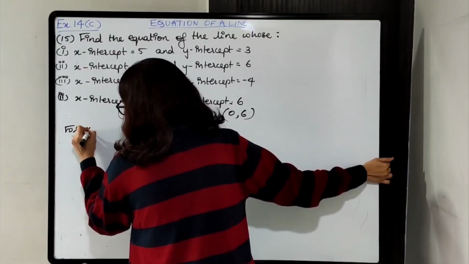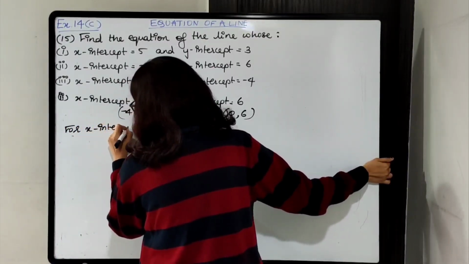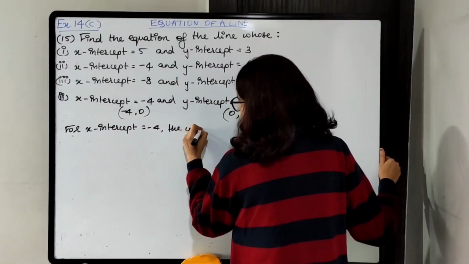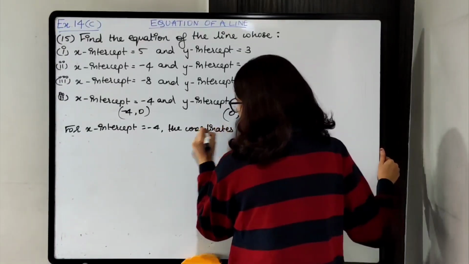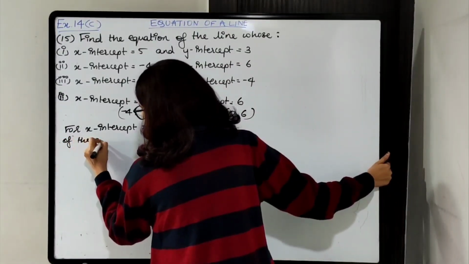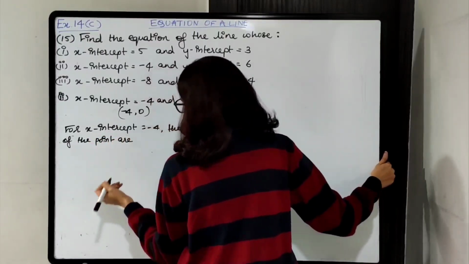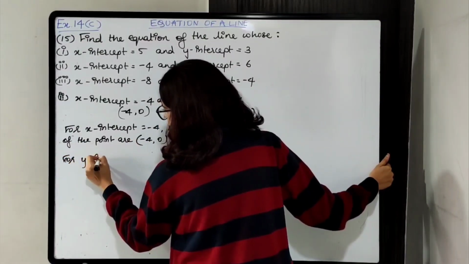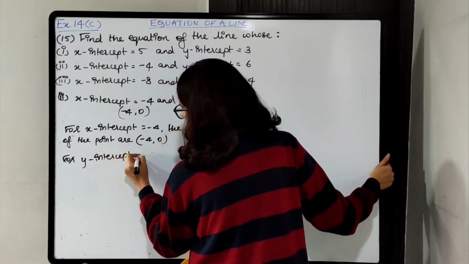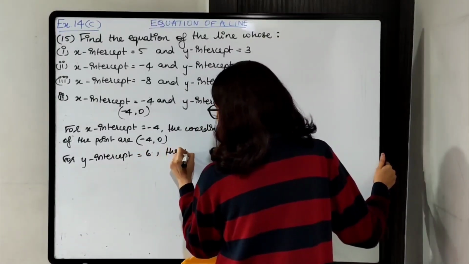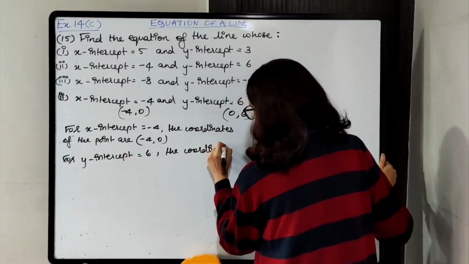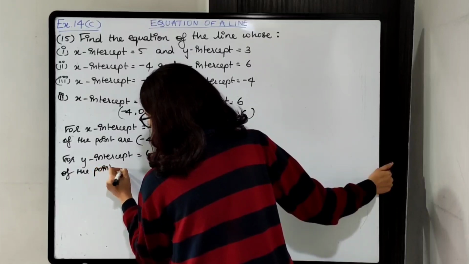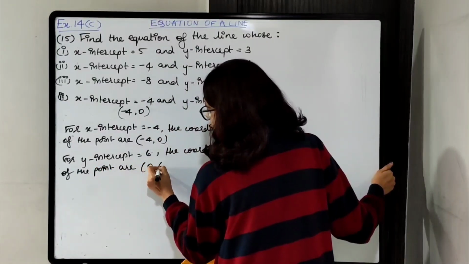For x intercept equal to minus 4, the coordinates of the point are minus 4 comma 0, and same way for y intercept equal to 6, the coordinates of the point are 0 comma 6.